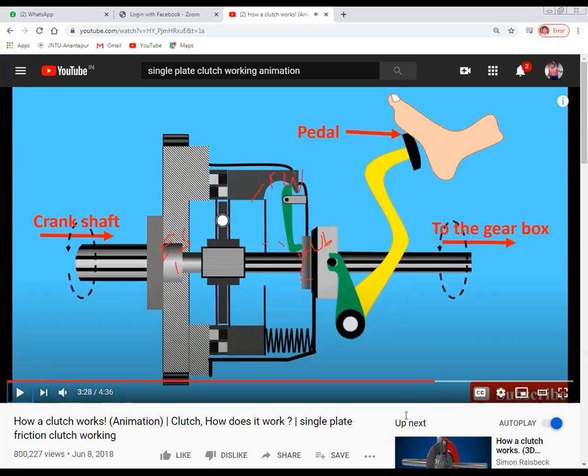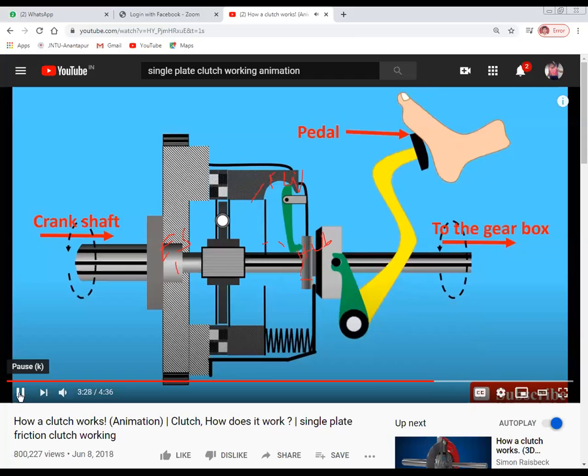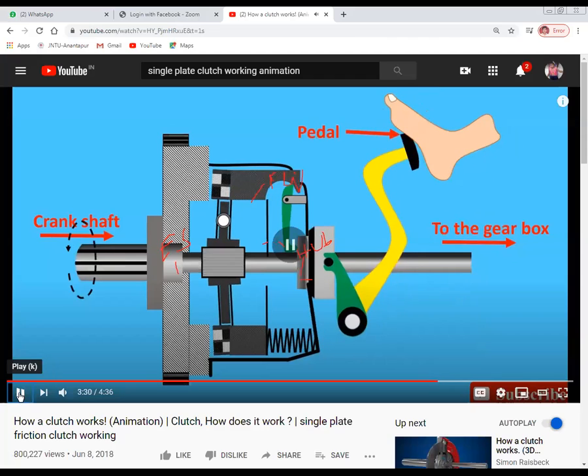See carefully. When the pressure is provided by the foot, this is the disengaged position. You can see that disengaged when the pedal force is acting through the foot. So the pedal force will pass and come to that pivot, and the pivot will try to pull this link away from the flywheel.